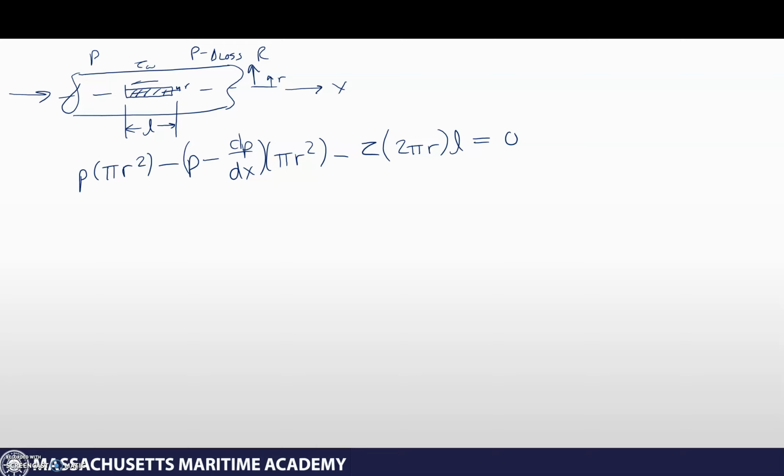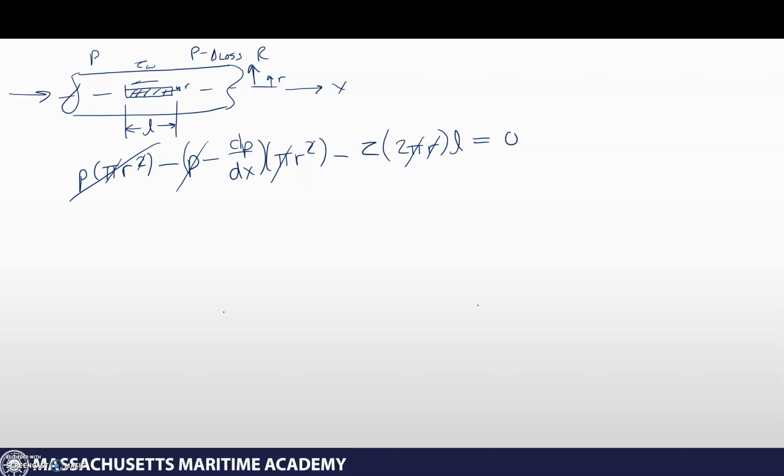So we have a pi and an r in each of these terms, so we'll divide through and get rid of those. I have a plus p times r minus p times r, so that will all drop out.